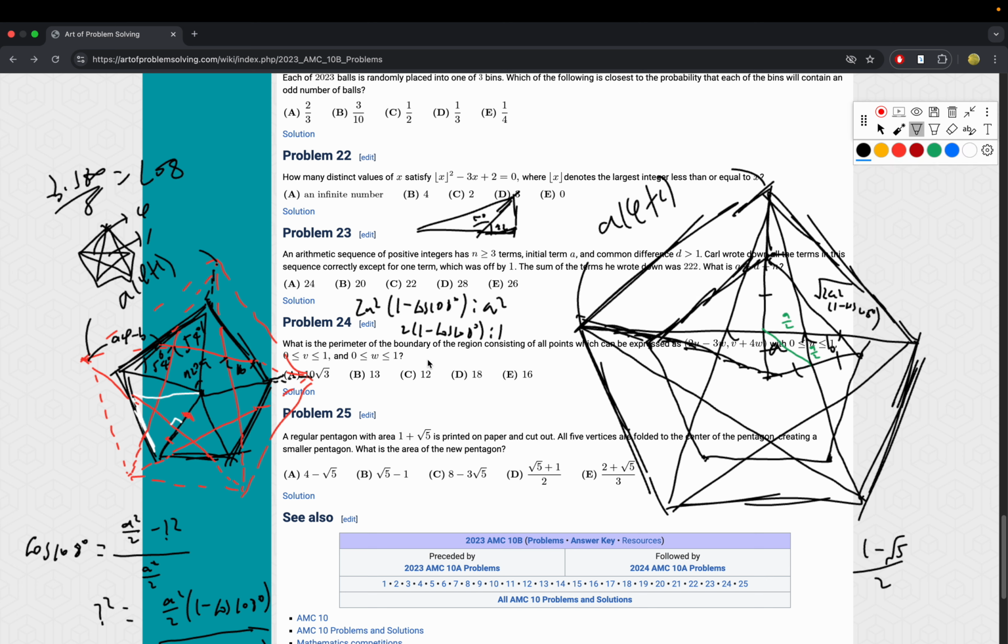Okay. I think the answer is B or D, because this involves the golden ratio and stuff. I knew it.